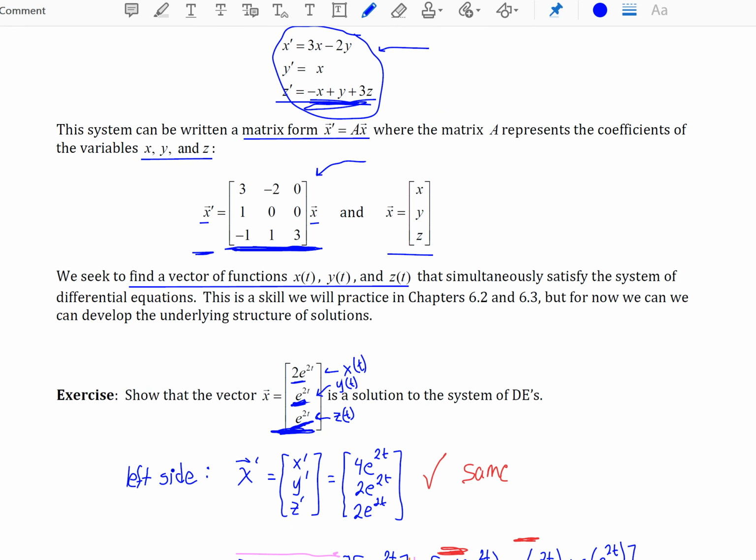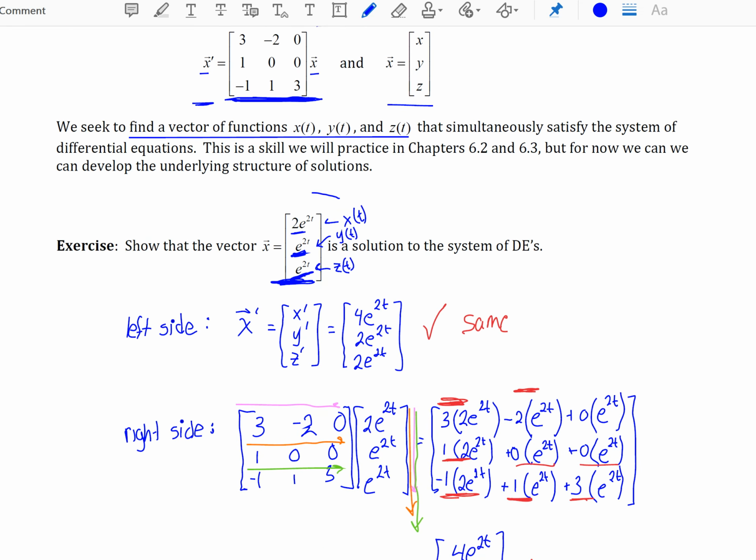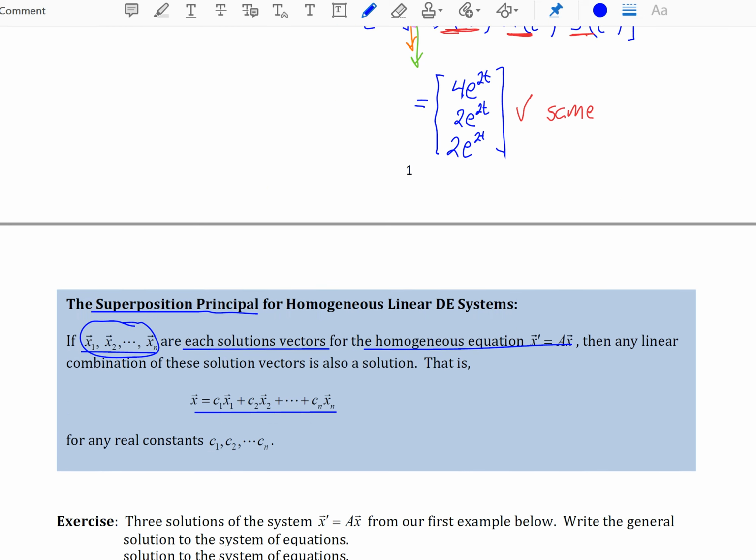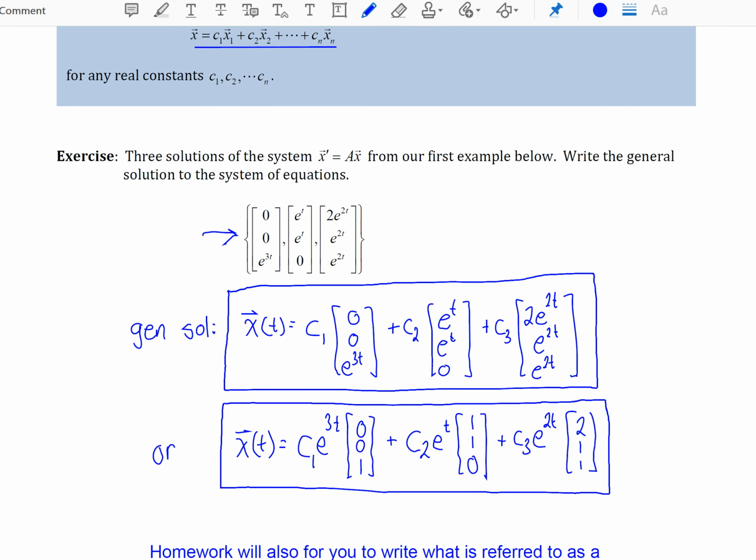We looked at how we could verify solutions to this system of equations and what they look like. And we looked at how to write the general solution to a system of equations if we have several linearly independent solutions.